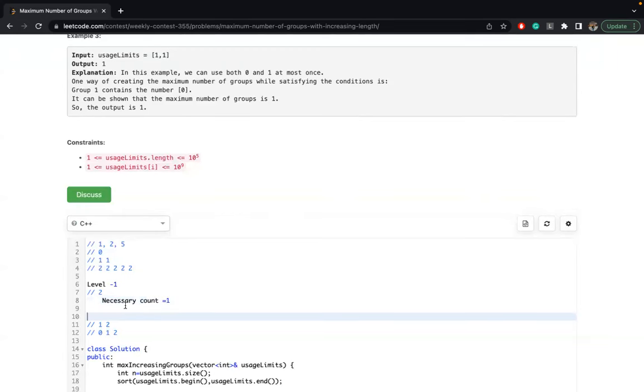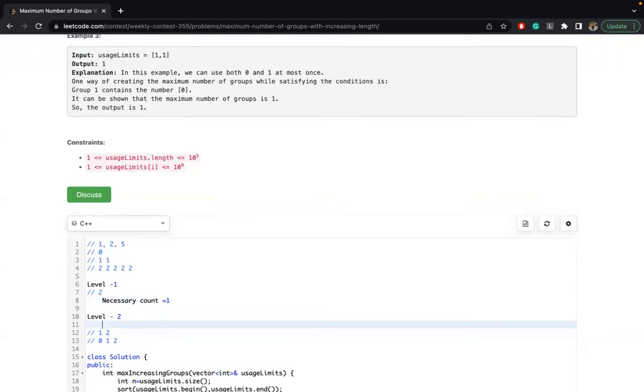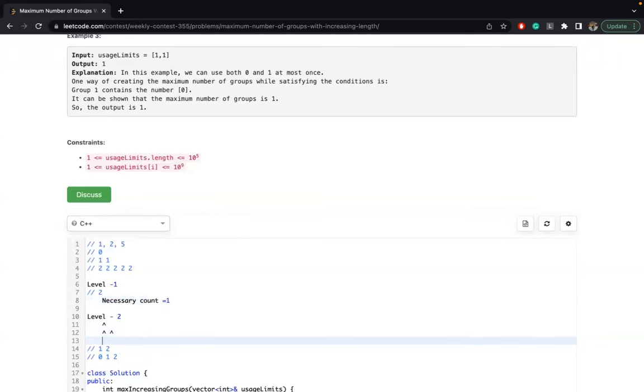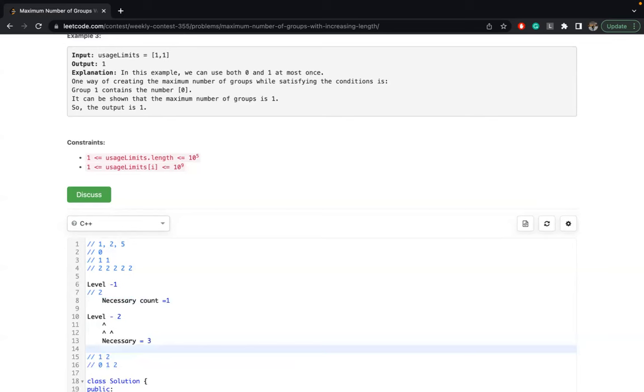And for level 2, all these values can be anything, but at least it should have a count of 3. We are not going into whether distinct values are there or not, but for each level we should have the count which is given here.